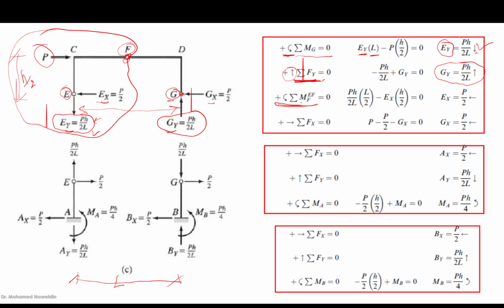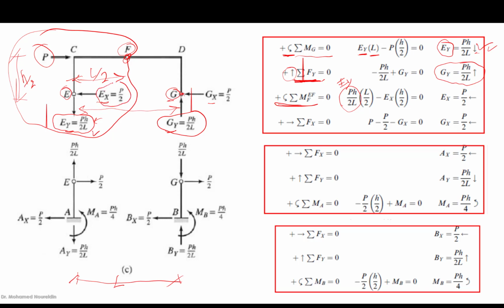So we're going to find that pH over 2L, which is EY, already we know this. This is EY, and already we obtained it before here, okay? Times L over 2, which is exactly the moment arm, this distance from here to here, L over 2. Then we minus EX times H over 2.